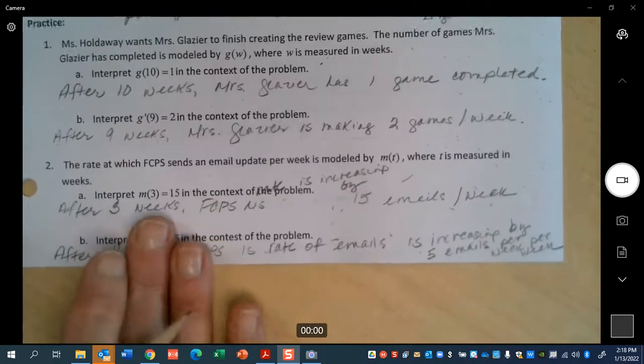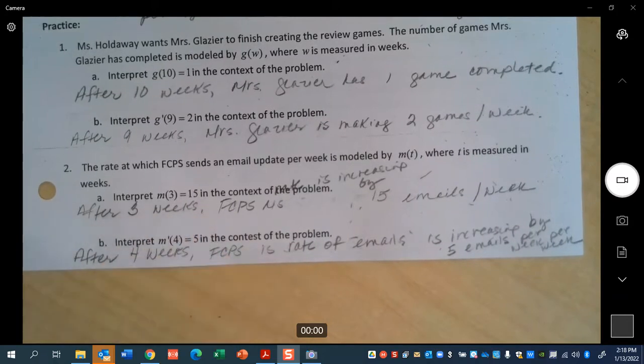Okay. Let's talk about what this means. By the 3rd week, FCPS's rate is increasing by 15 emails per week. After 4 weeks, FCPS's rate of emails is increasing by 5 emails per week per week. So it's sending 15 emails.